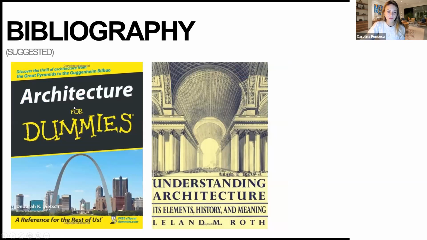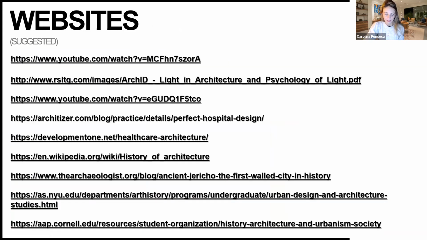And then Architecture for Dummies, it's different than the interior design. It's also worth reading those books. It gives you a great perspective and a great organization of thoughts on how to process so much information. Understanding Architecture, it's a more comprehensive one with a more advanced language.